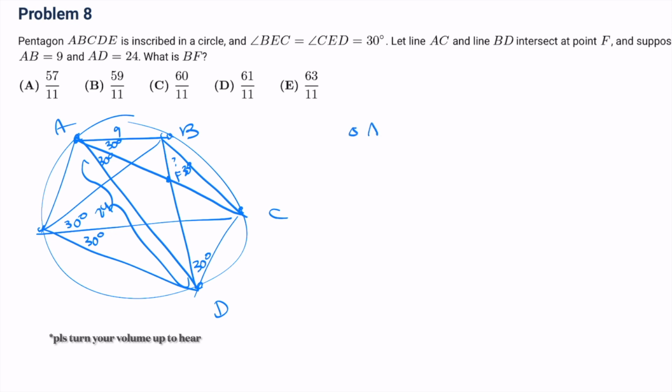So let's focus on triangle ABD first, because we know two sides of this triangle and the angle in between those two sides, so we can use the law of cosines to find BD.